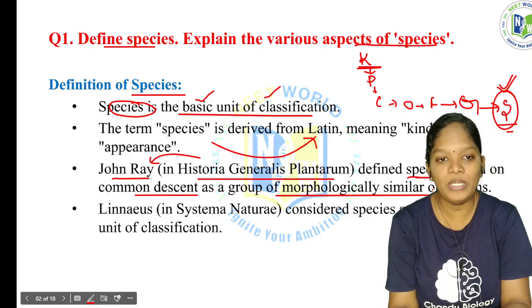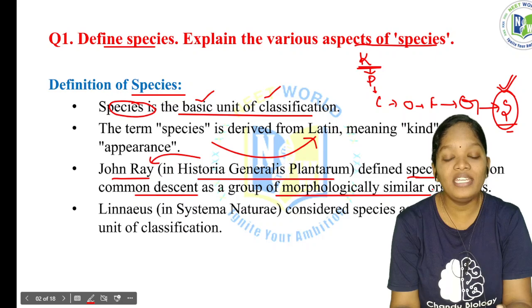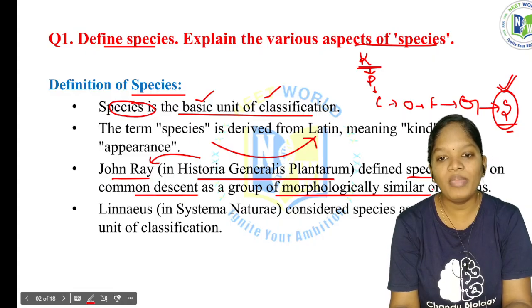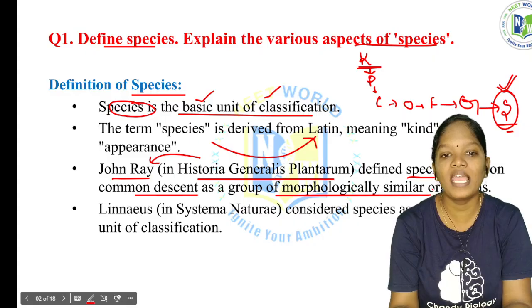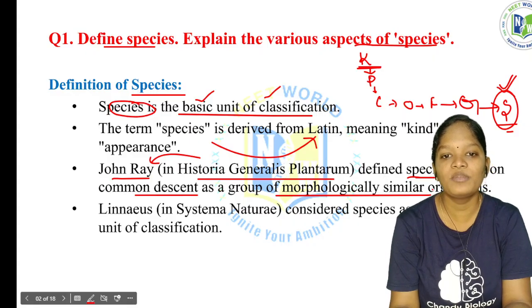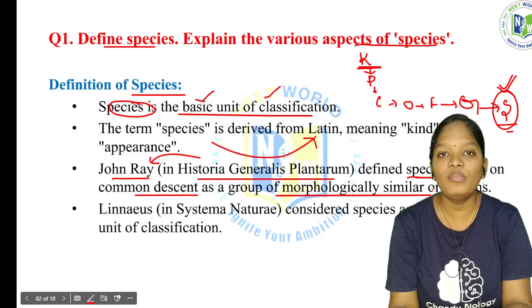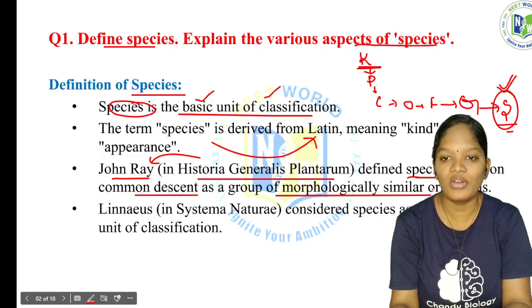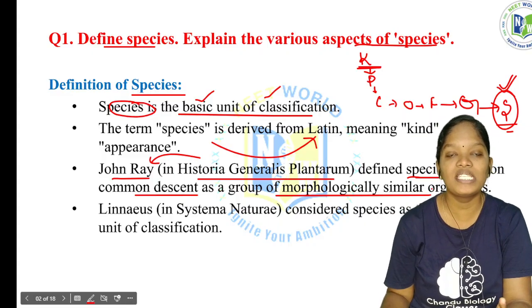In simple words, John Ray defined the species based on similarities among organisms, based on physical appearance. According to John Ray, a species is nothing but a group of morphologically similar organisms.